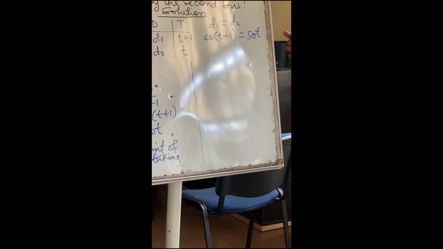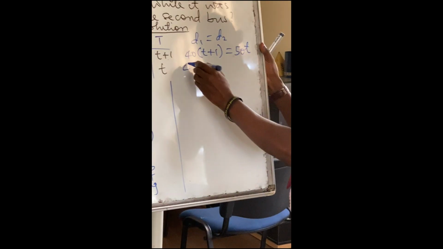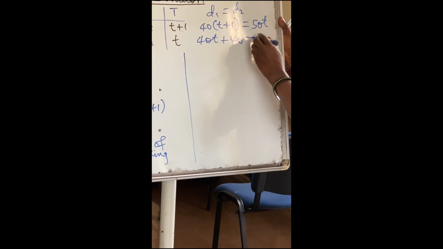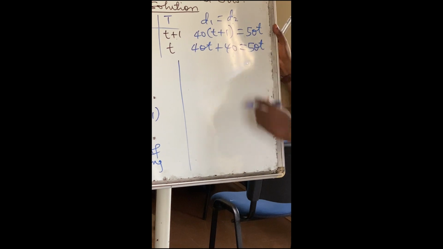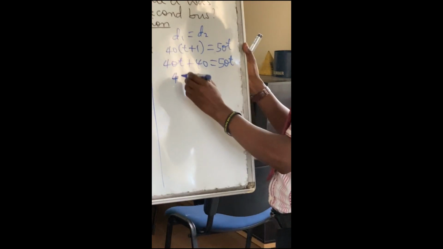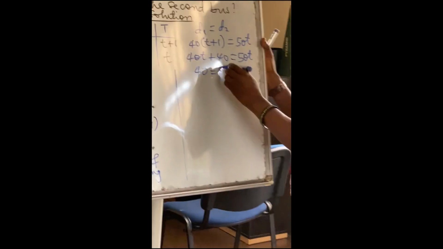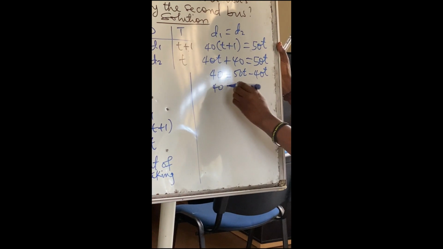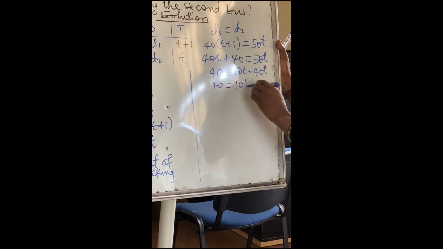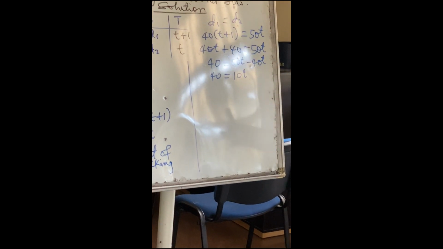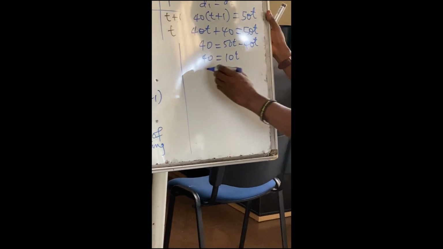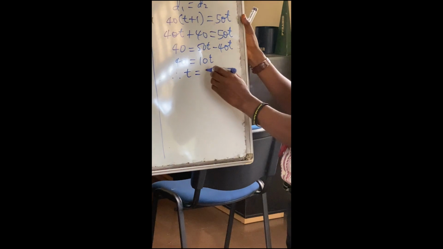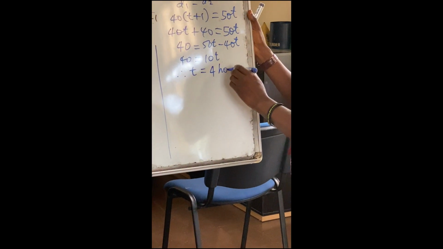If you open the bracket and solve for t, we have 40t plus 40 equals 50t. Collecting like terms and simplifying, we have 40 equals 50t minus 40t, which gives 40 equals 10t. To solve for t, we divide both sides by the coefficient of t, which is 10, and that gives us t equals 4 hours.